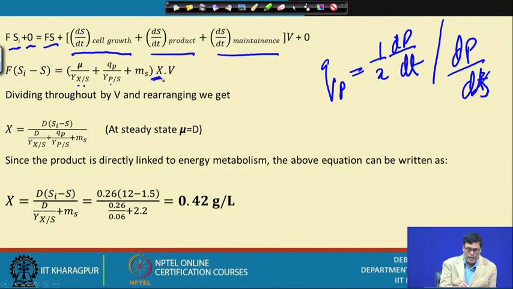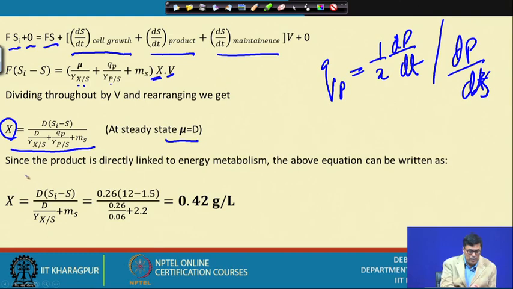If you multiply by x, you will get the amount of substrate utilized for the product formation, and if you multiply by volume, you will consider the whole volume. So, if you consider this, you can find an equation for x. X is the final cell mass concentration. Then under steady state condition mu equal to D, if we assume that mu can be replaced by D, then the equation will be like this.